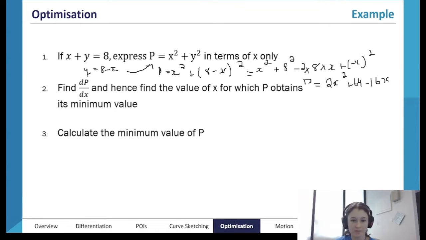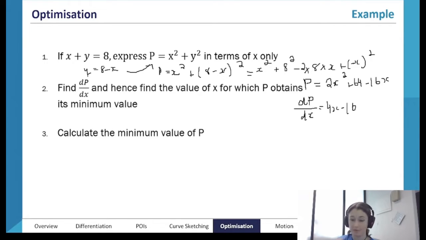Now we need to find dp dx. So this is the perfect equation that we have now because we can derive p with respect to x. So dp dx is going to be equal to 4x take 16. And now we need to find the value of x for which p obtains its minimum value.